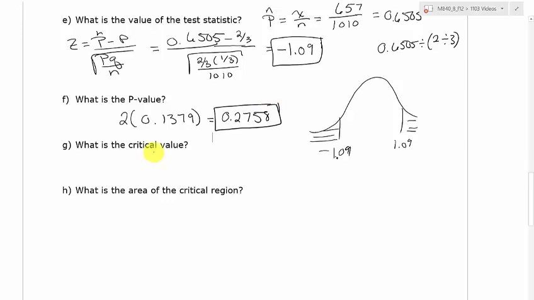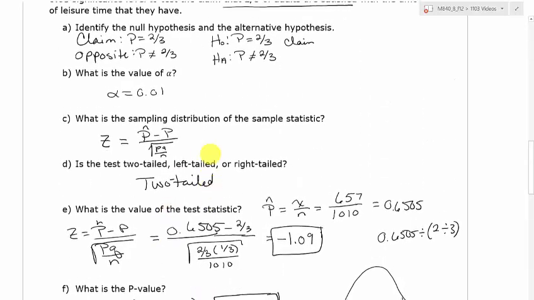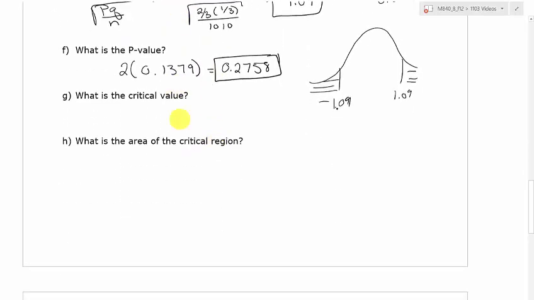Next, what is the critical value? So the level of our test was 0.01, and it's a two-tailed test. So this area alpha gets split between our two tails, and so the area in one of our tails is 0.005.